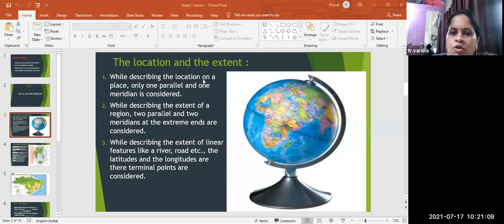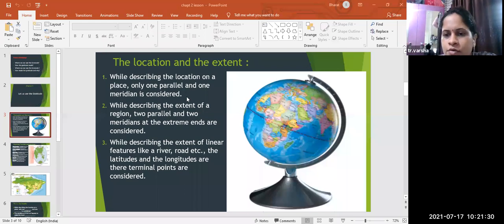While describing the location on a map, on a place, only one parallel and one meridian is considered. Okay, children? To find a particular place, we require only one parallel and one meridian.